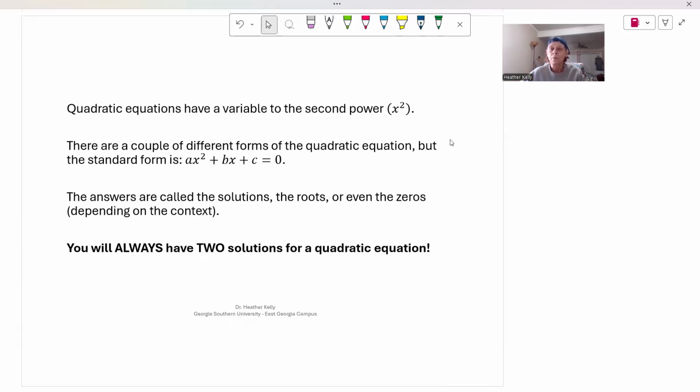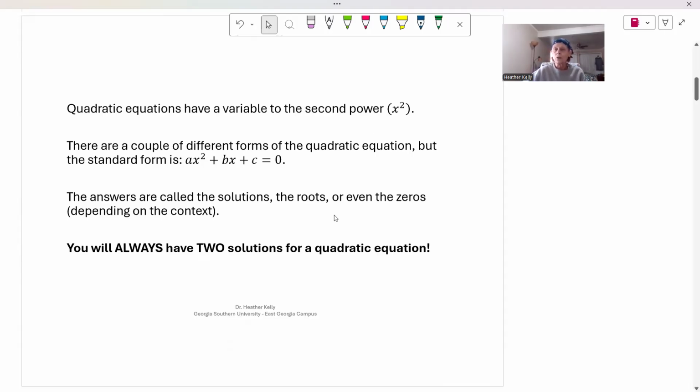So here we have an x squared, so there's always two answers. Now there's a caveat to that, and that is that sometimes the answer is the same answer twice, right? So sometimes x is equal to 2 and x is equal to 2. Okay, that would be a situation where it is still two answers, but it appears to be only one. And we'll talk about that more as it comes up.